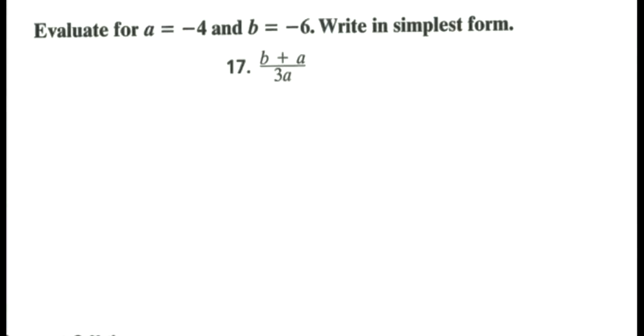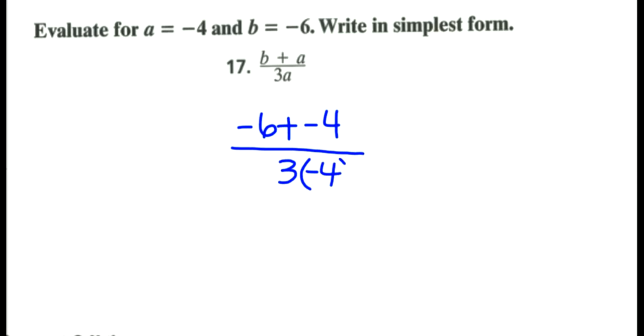Evaluate this fraction with variables using the same integers. My B value is -6. My A value is -4. I have 3, and then A is -4 again. So I'm substituting and then I'm solving or simplifying. So -6 and -4 is -10.